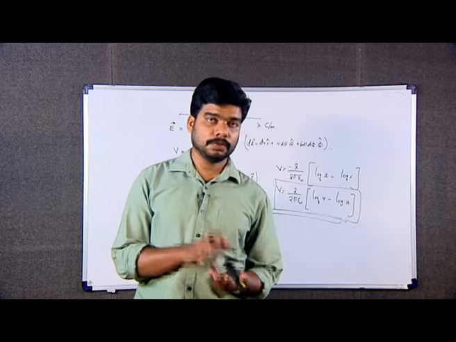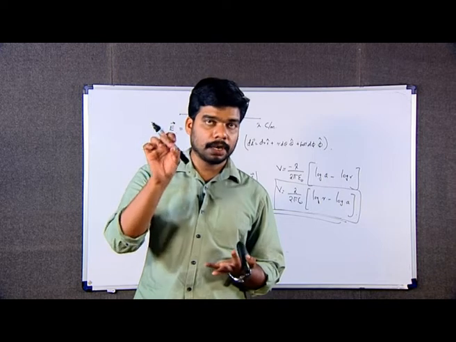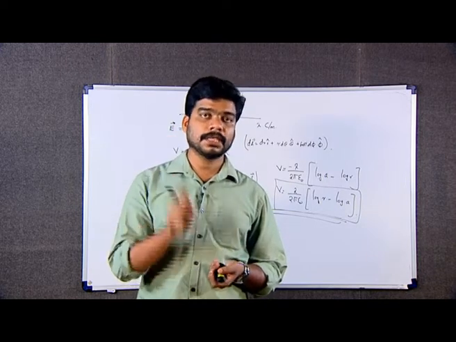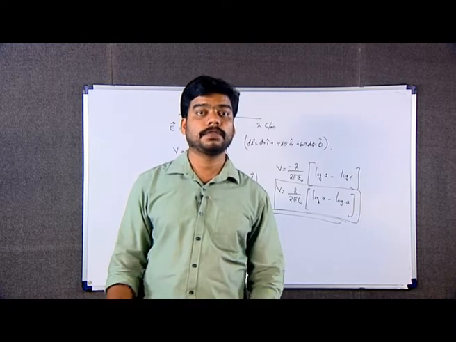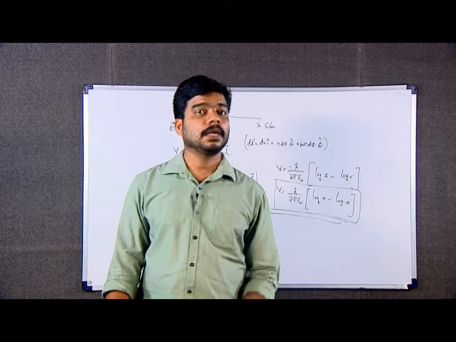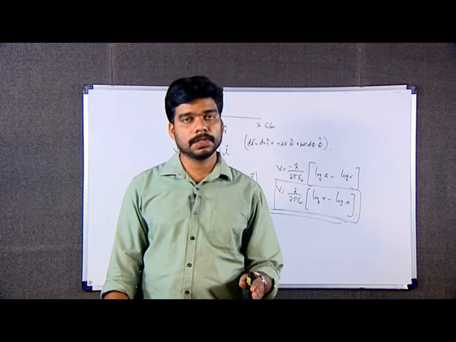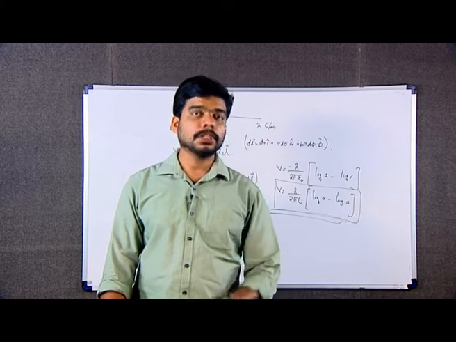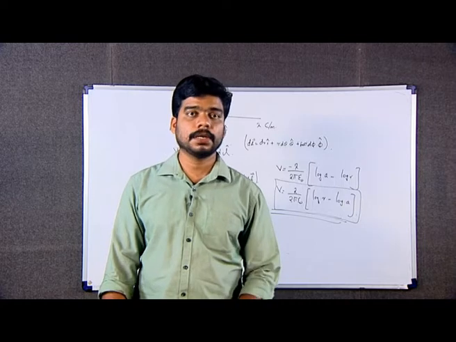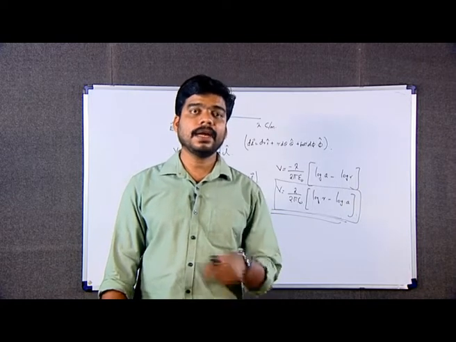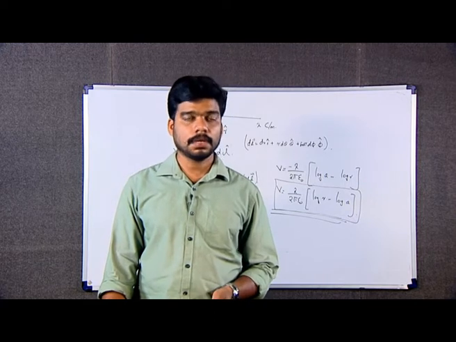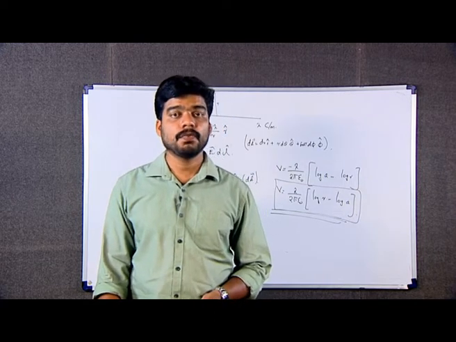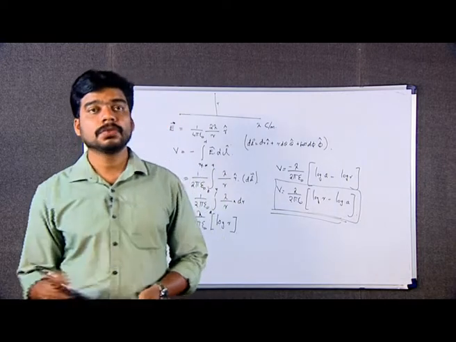Now, we will discuss the potential due to a spherical shell, and for a shell there are 3 points: one outside the shell, one on the surface of the shell and one inside the shell. The easiest thing is that in the latter 2 cases the potential will be constant, inside and at the surface, and outside the potential will vary according to the distance r.